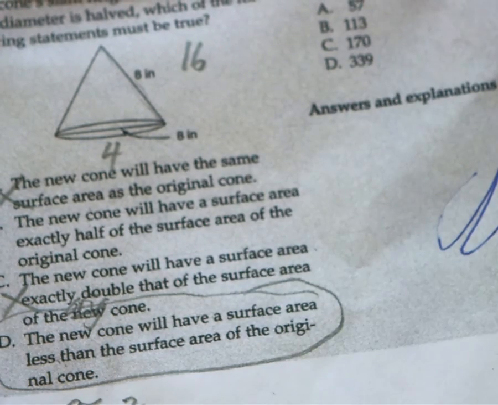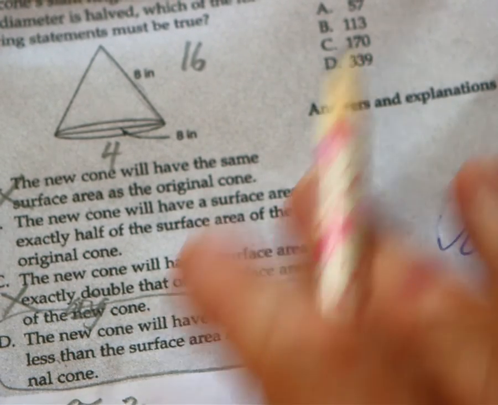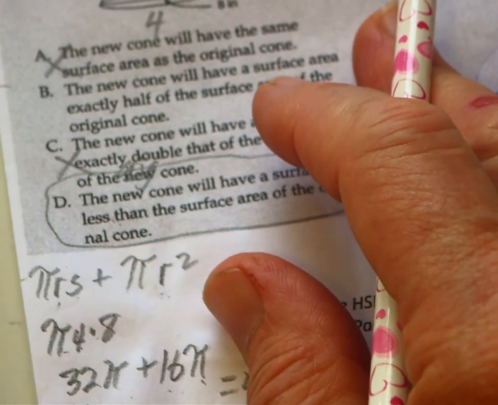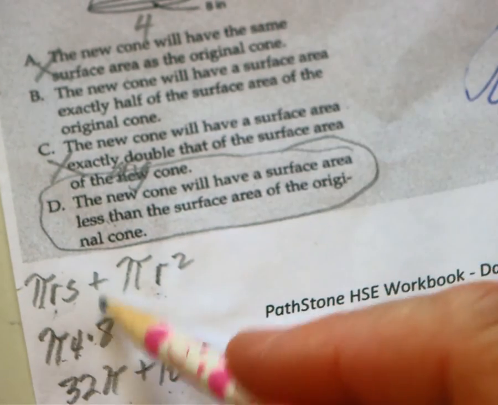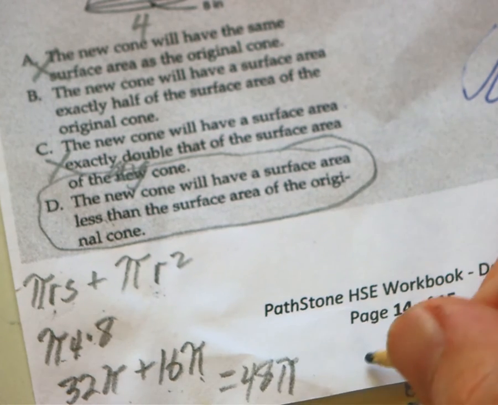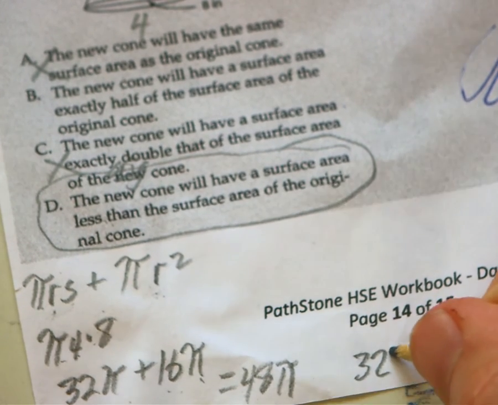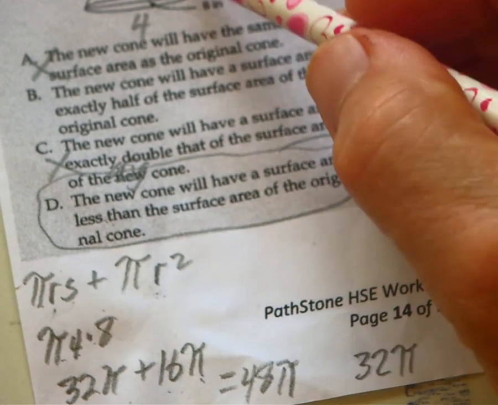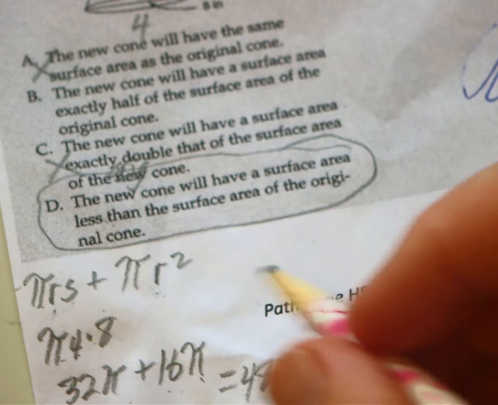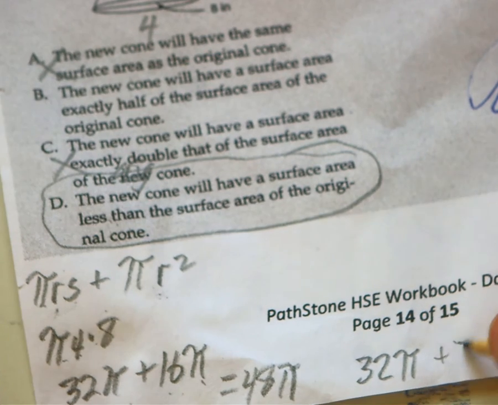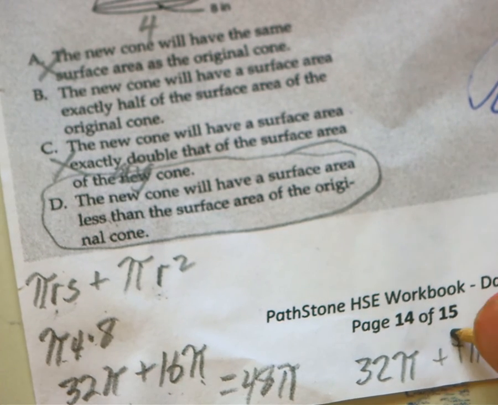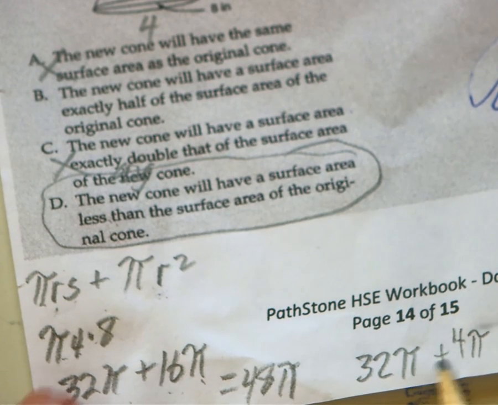So this part, pi r s, will be pi times the radius, which is 2, and the side is 16. 32 pi again. It stays 32 pi. But now the radius is 2, and 2 squared is 4 pi. So it's 36 pi.